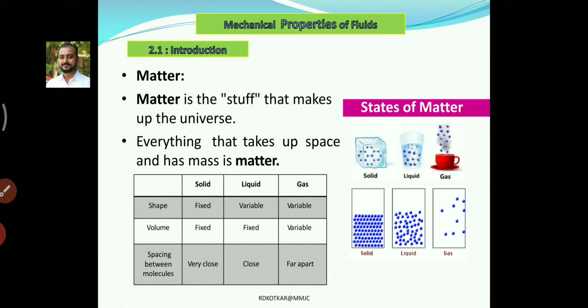In liquids they are close together but not bound as much as in solids, means they are loosely bound as compared to solids. In gases, they are far apart from each other, means the force of attraction between these atoms or molecules is smaller as compared to solids as well as liquids. So this is the general idea about matter.